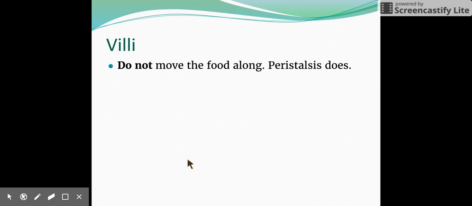That is called peristalsis, and that really only happens to push food. Villi do not wave or in any way move food through the small intestine.